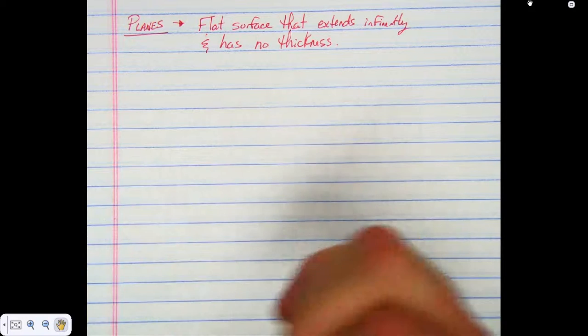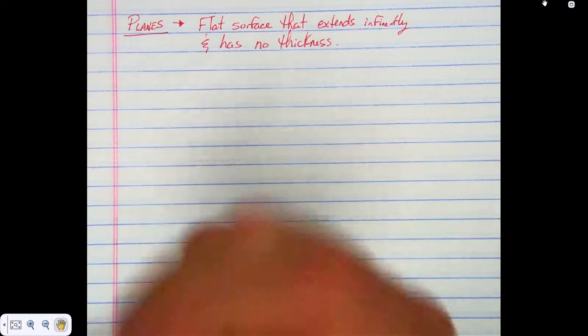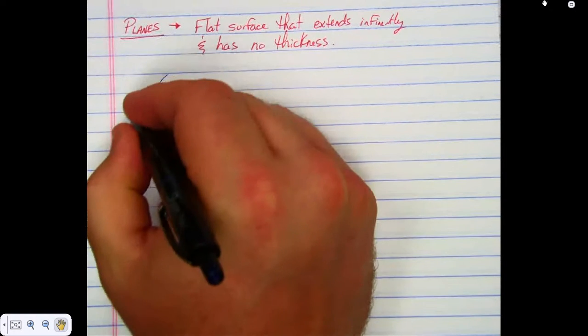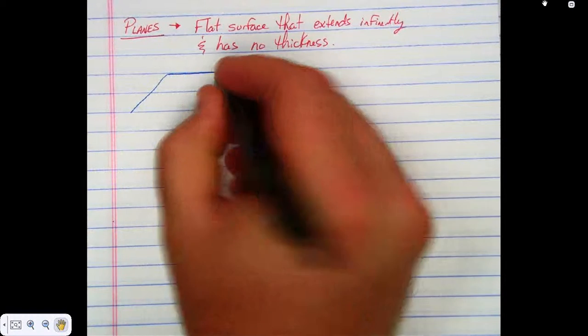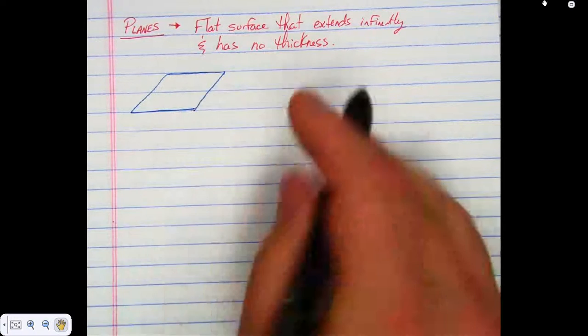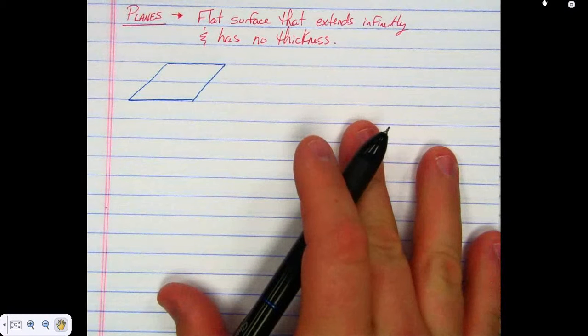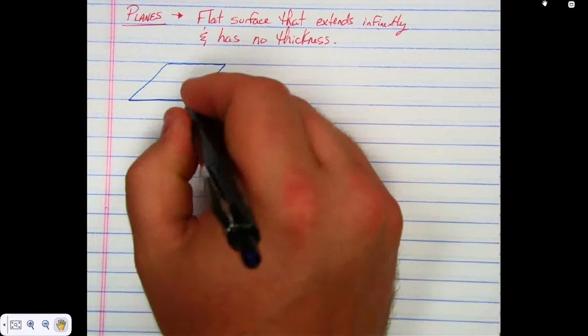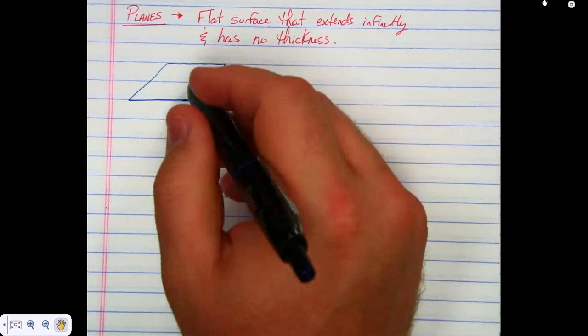How do we draw a plane or a picture of a plane? What you'll later learn is they'll draw it like a parallelogram. That's what you'll see a plane look like. Of course, I'm not talking about a flying plane. I'm talking about a plane in geometry.